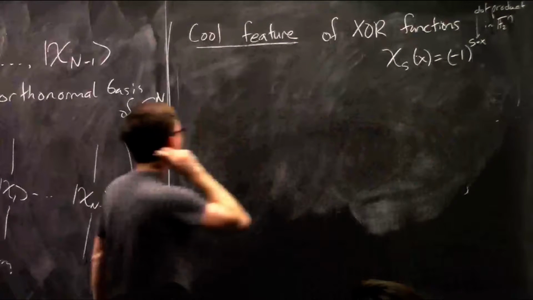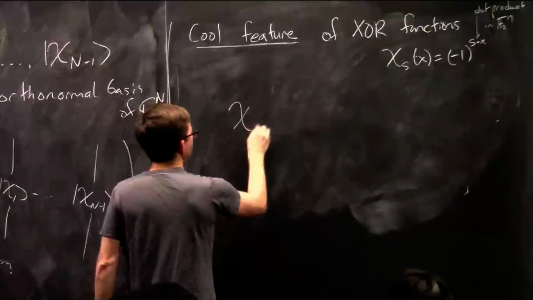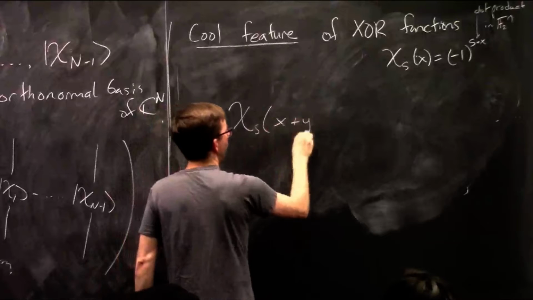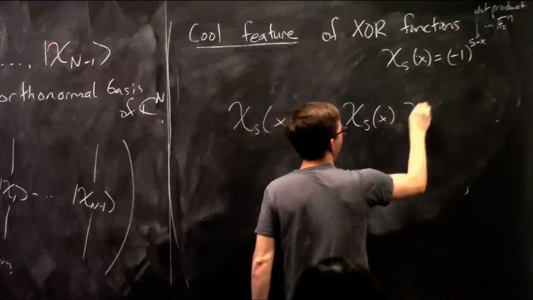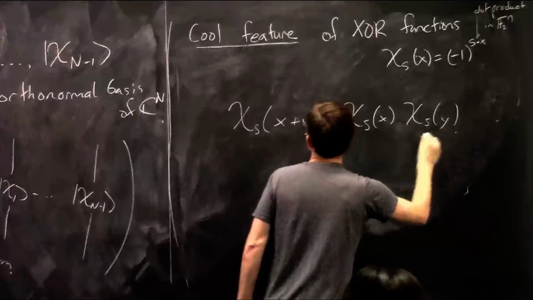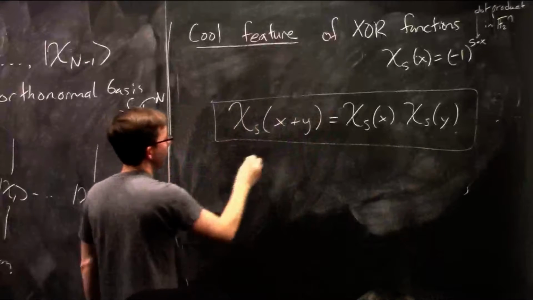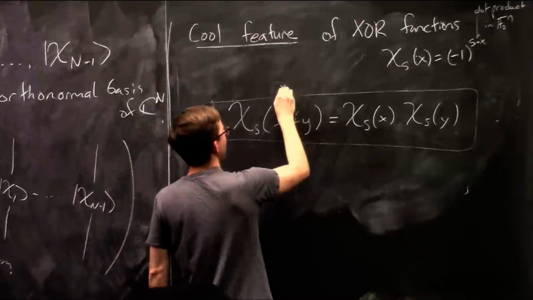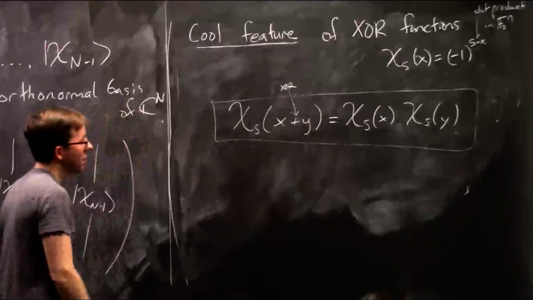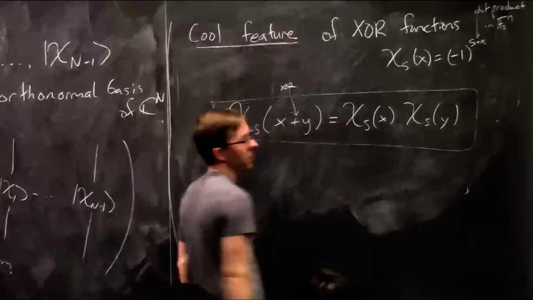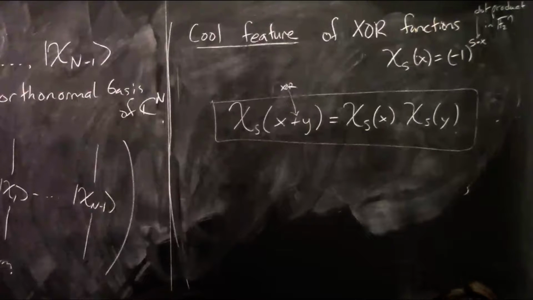The cool feature that these functions had was the following. I'll write it and then put it in a box. If you apply it to x plus y, you get chi s x times chi s y. Just to emphasize, this is the XOR operation, or the way you add mod 2 n-bit vectors, and this is just regular old multiplication of real numbers.